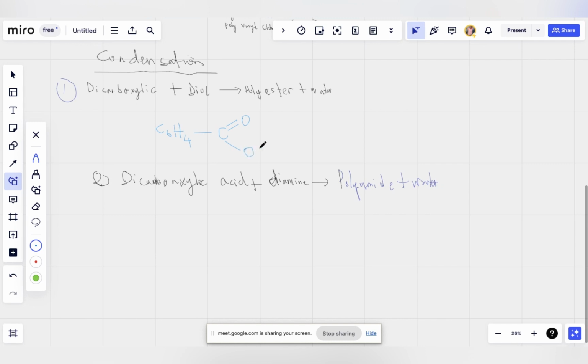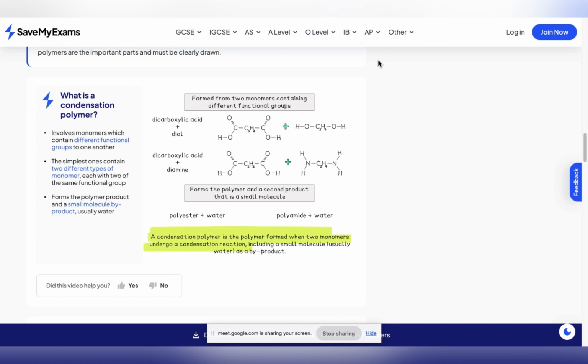Then a single bond to OH on this side, plus the same thing on this side: C, double bond to O, single bond to OH. This is dicarboxylic acid react with dione. Now dione is like this, OH on both sides.